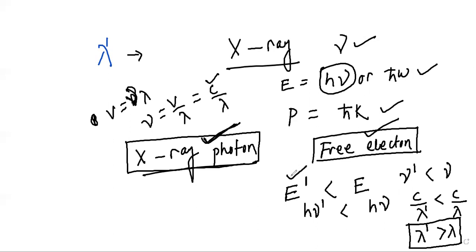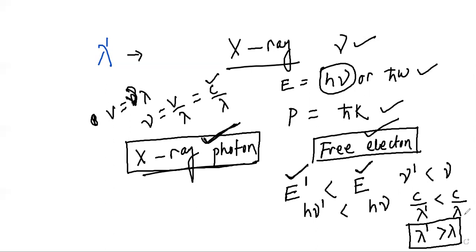Hence the energy carried by the photon after this collision is less than the original value it was carrying before. That way we can show that λ prime is greater than λ. Using this quantum theory, we can easily explain the longer wavelength component, the Compton component, present in the scattered radiation.